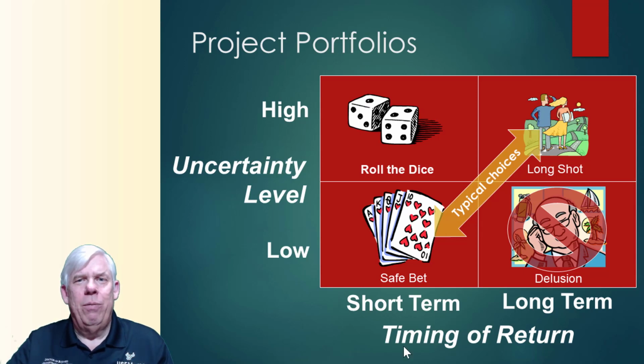The timing of the return on the project, which can be short-term or long-term, and the level of uncertainty associated with the project, which can be high or low. Now, two of these quadrants are usually the most common trade-off. For example, the safe bet is one that has a low uncertainty over the short term.